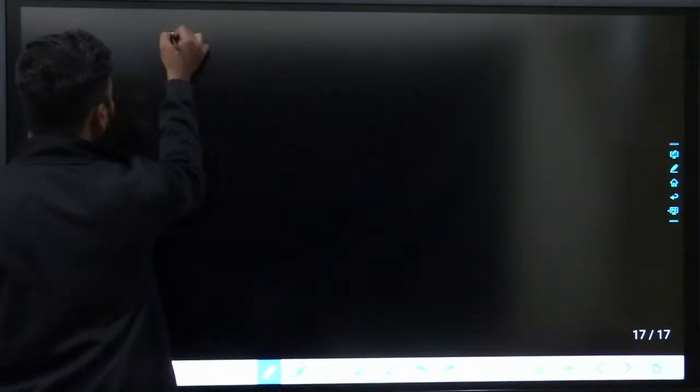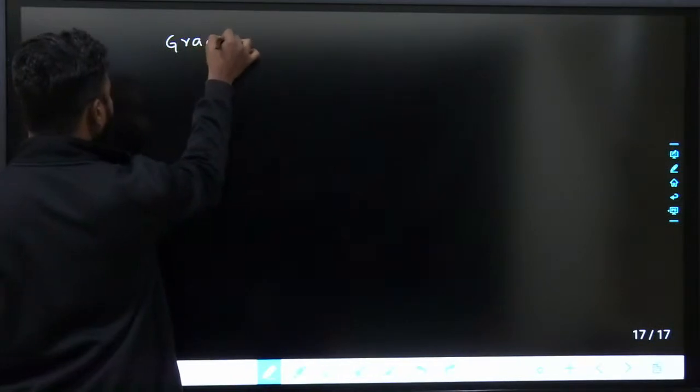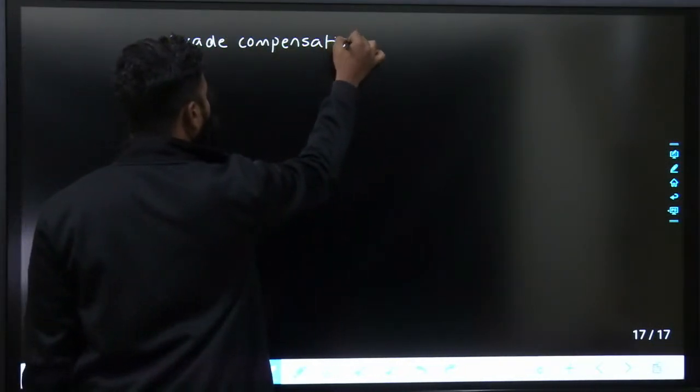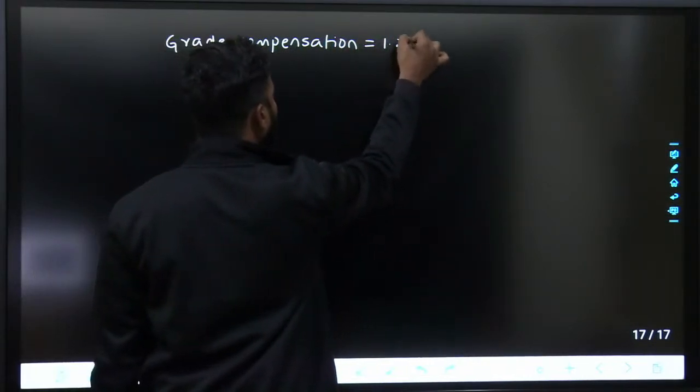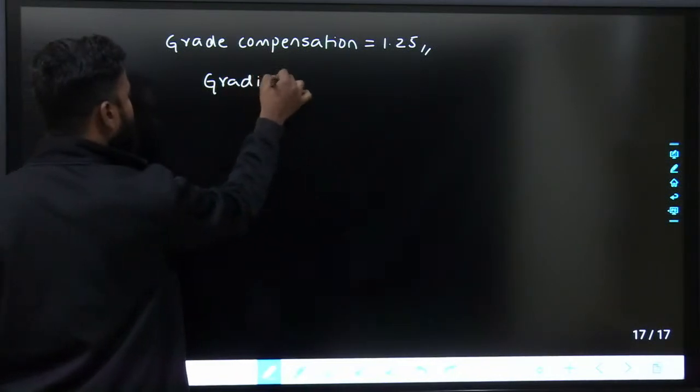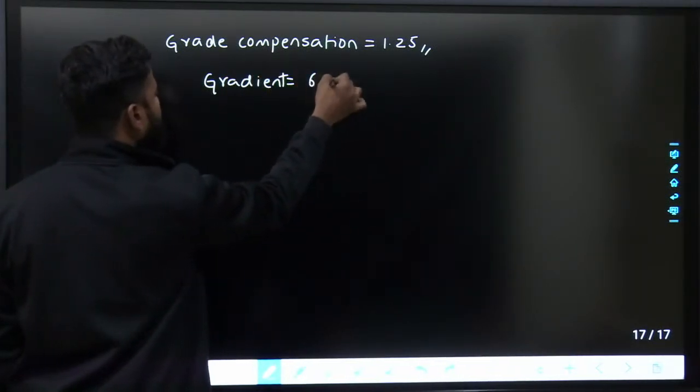Therefore, grade compensation equals 1.25, and the gradient given is 6%.